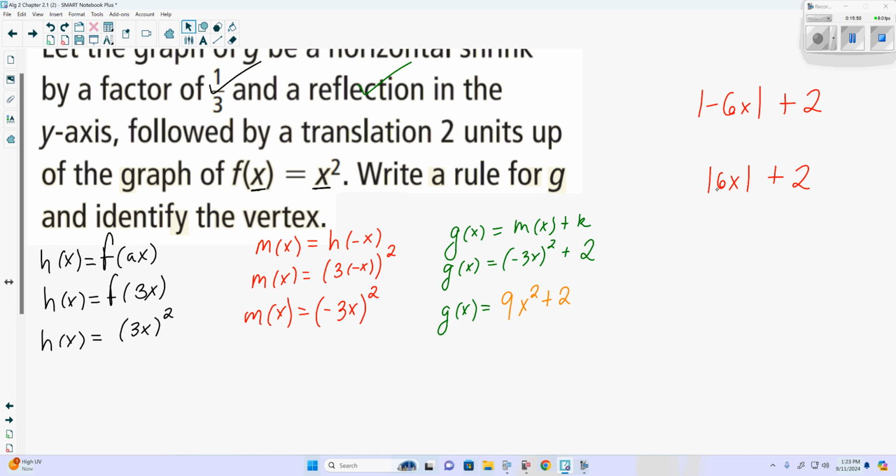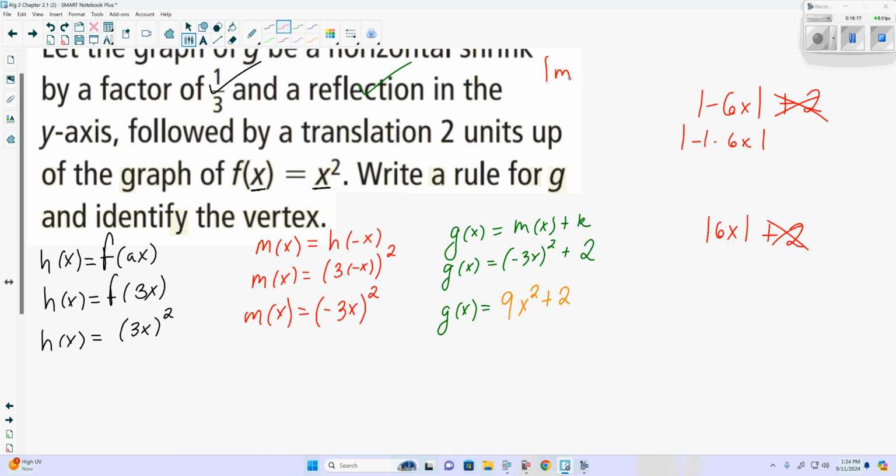let me move this down just a little bit. One thing we can say, and I'll see if y'all are okay with this. I'm not going to worry too much about the plus 2, it's not important. But the absolute value of negative 6x, would we agree that it's the same as the absolute value of negative 1 times 6x? Those are the same thing. Now it seems like I'm splitting hairs with this.